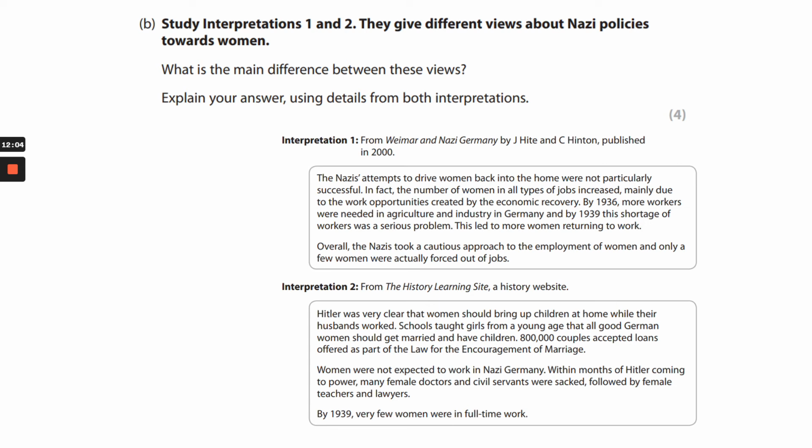On the other hand, interpretation 2 is saying Hitler was very clear that women should bring up children at home. It keeps going on. By 1939, very few women were in full-time work. So, interpretation 2 suggests that the Nazis were very successful in encouraging women to stay at home. And the quote, by 1939, very few women were in full-time work.